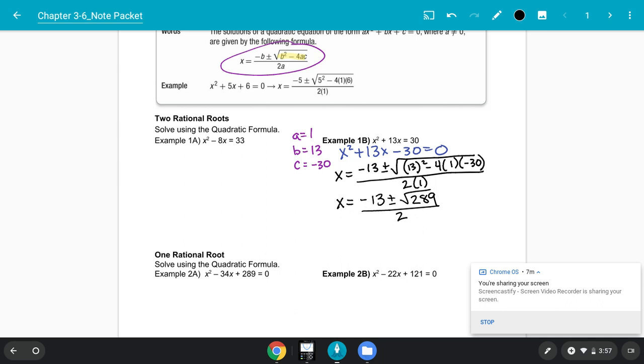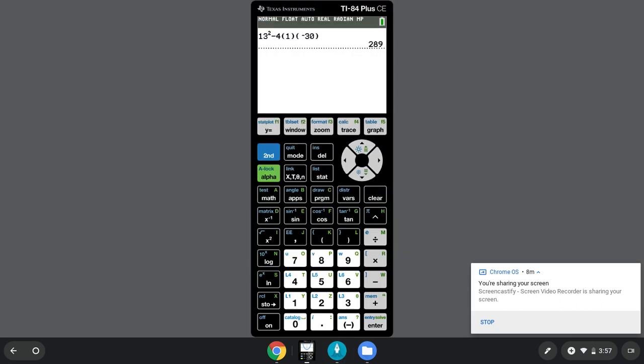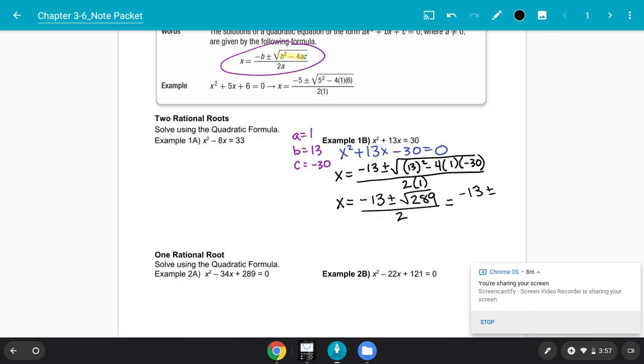The square root of 289 is 17. So we have negative 13 plus or minus 17 divided by 2.